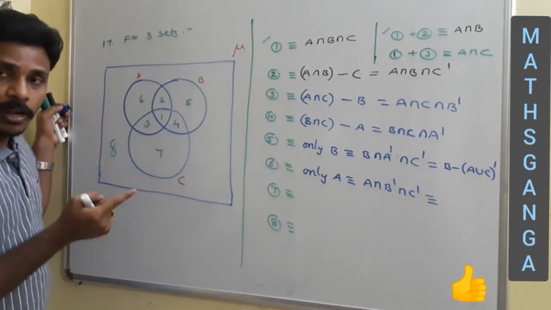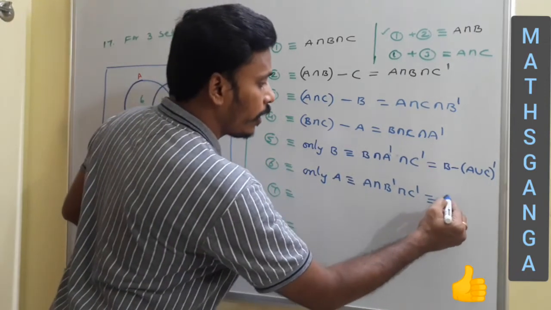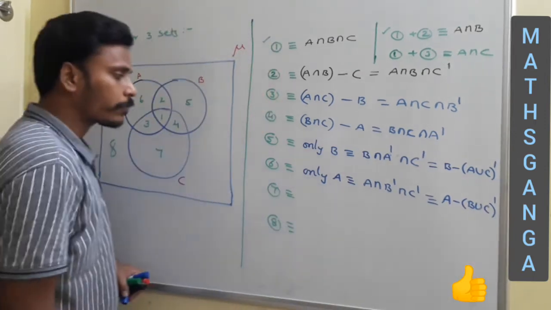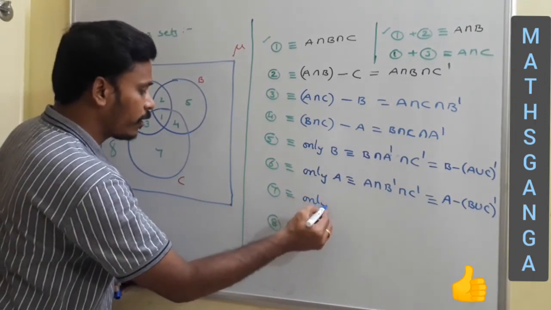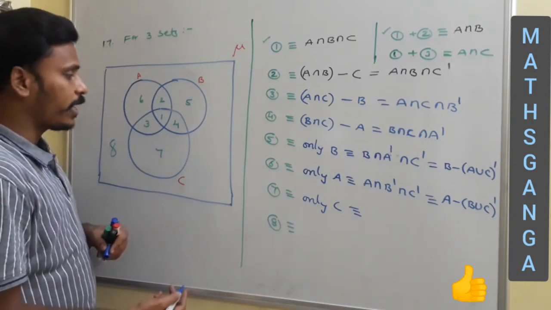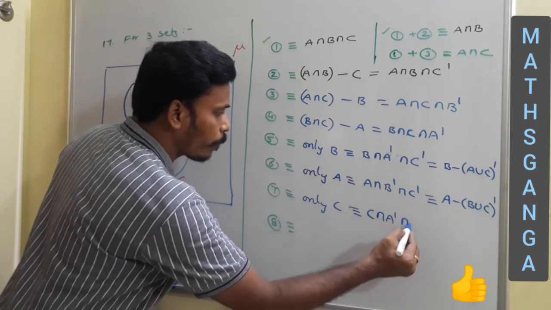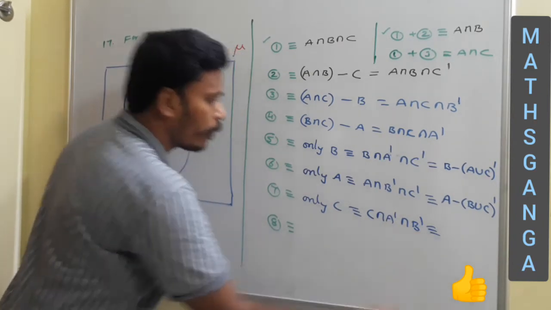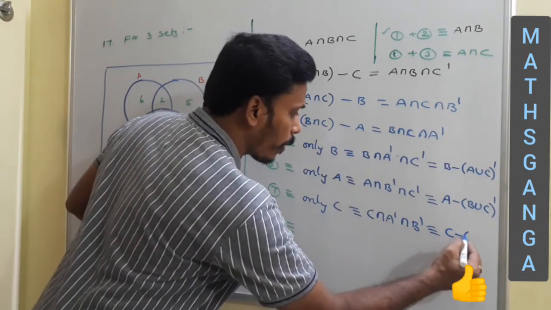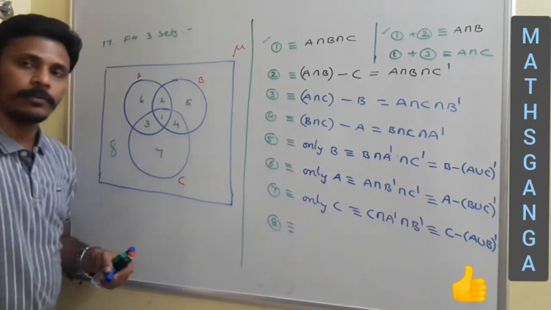Only A, not in B, not in C. When coming to that difference format, A minus B union C. And region 7 is just only C. And that only C again can be written like this: C intersection A complement intersection B complement. And again, you can remove that: C minus A union B.